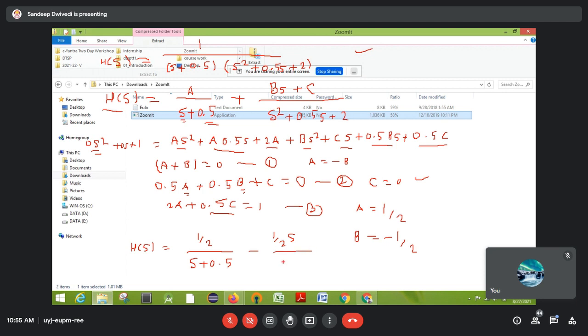Okay, so this will be simply s square plus 0.5 s plus 2. So this is your h of s.